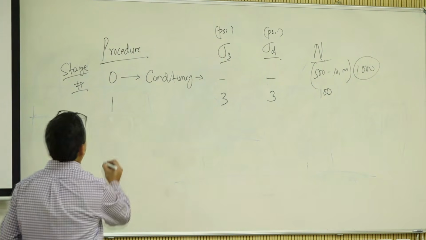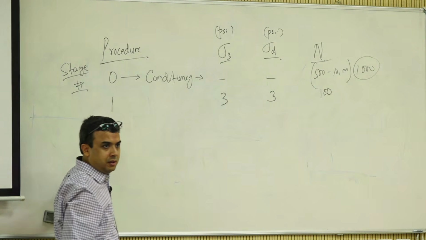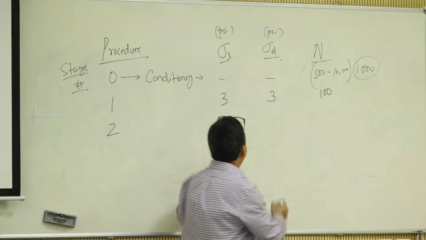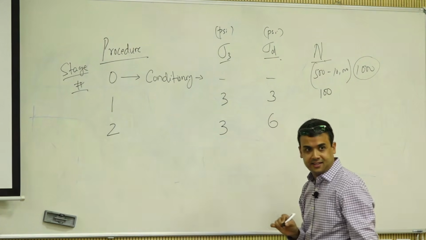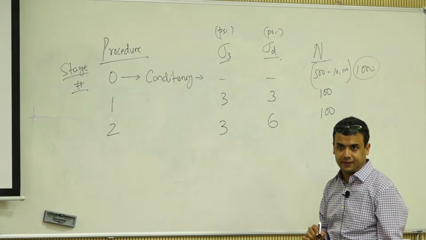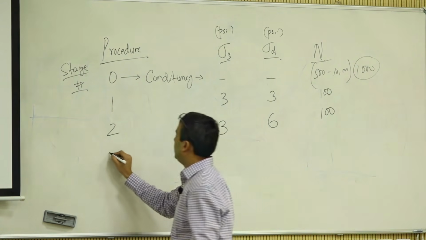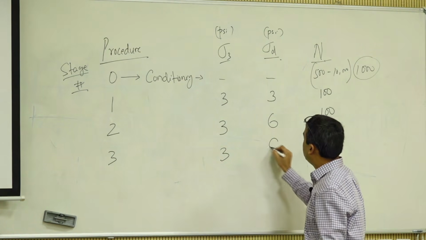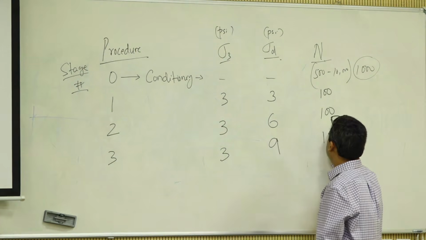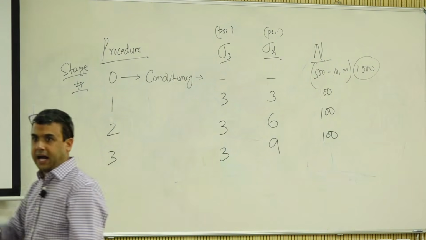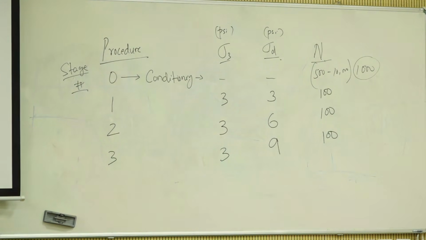Then you go to sequence 2: keep 3 psi, deviator goes to 6, again 100 cycles. Then keep 3 psi, deviator goes to 9, again 100 cycles. After conditioning, how many sequences did we just talk about? 3.